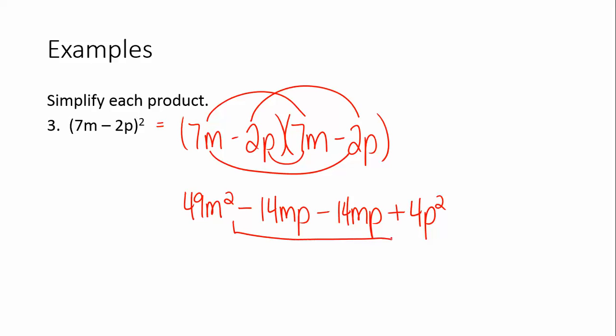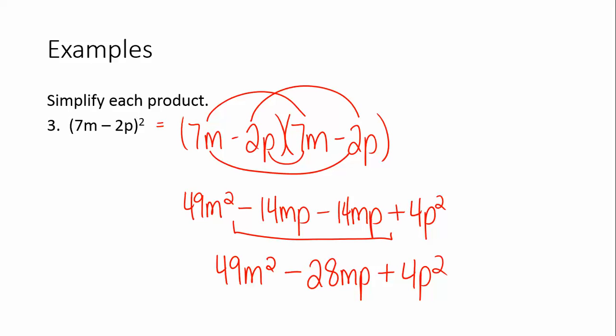Notice we do have like terms in the middle. Like terms have the same variables with the same exponents. We have an m to the first and a p to the first. So we have 49m squared minus 28mp plus 4p squared.